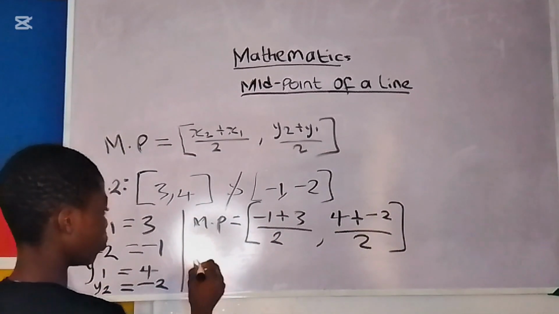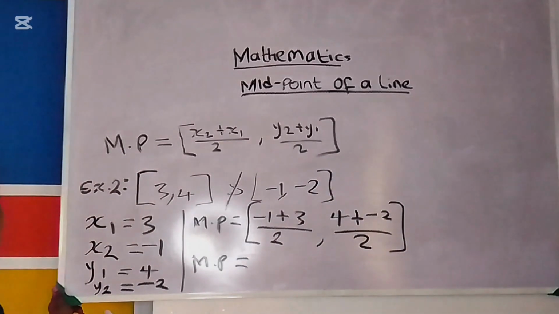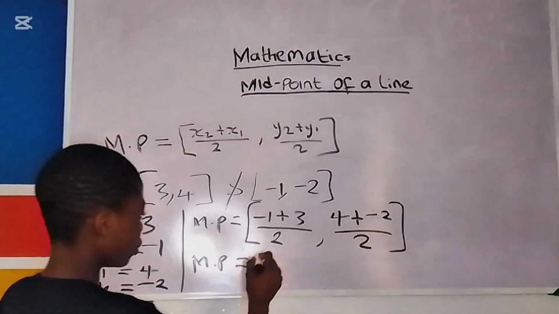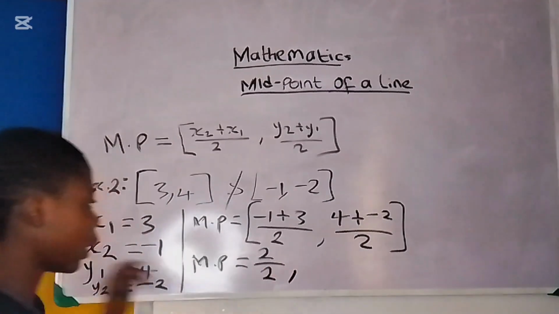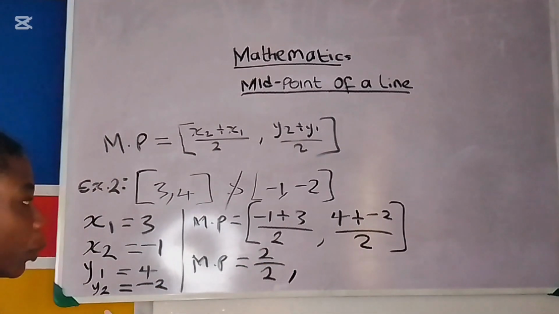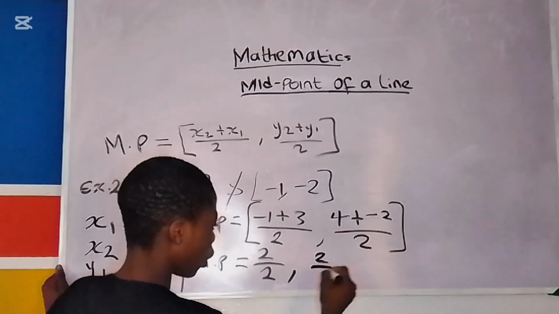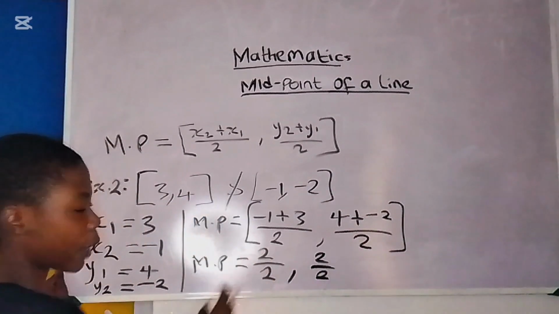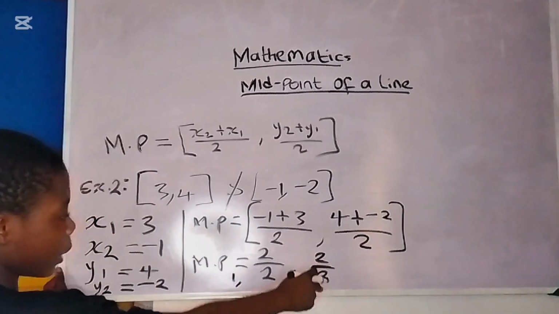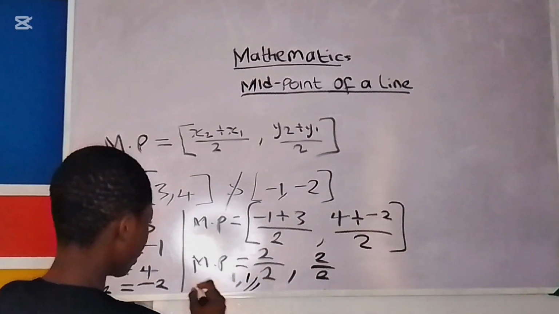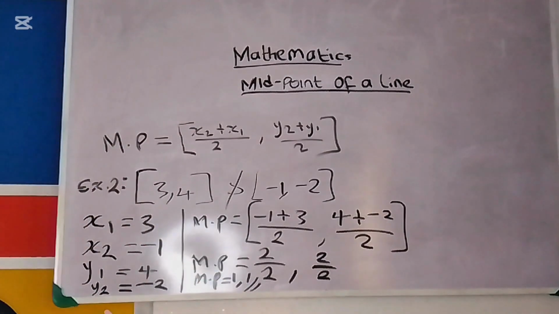So our midpoint will be equal to -1 plus 3 is 2, all over 2. And 4 plus -2 is equal to 2, all over 2. 2 divided by 2 is 1, and 2 divided by 2 is 1. So this is the answer, 1 over 1.